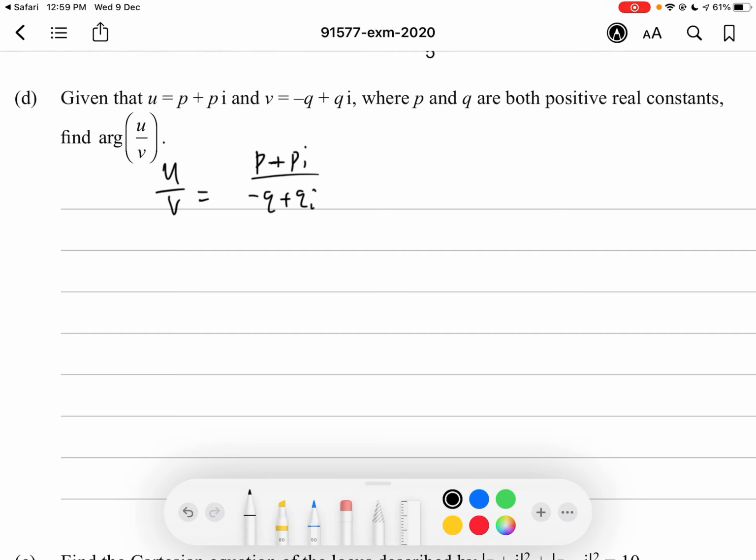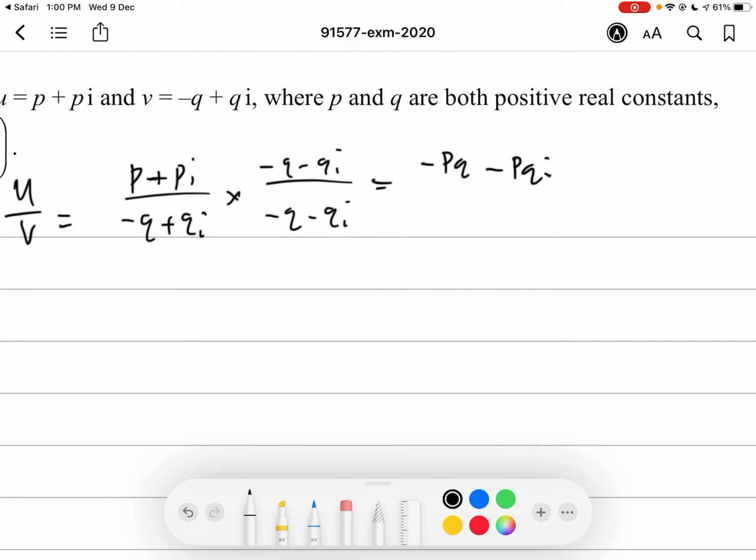Okay, so first we're going to be multiplying by the conjugate here. So we're going to multiply by -q minus qi, -q minus qi there. So we're going to have -pq minus pqi, plus minus pqi.